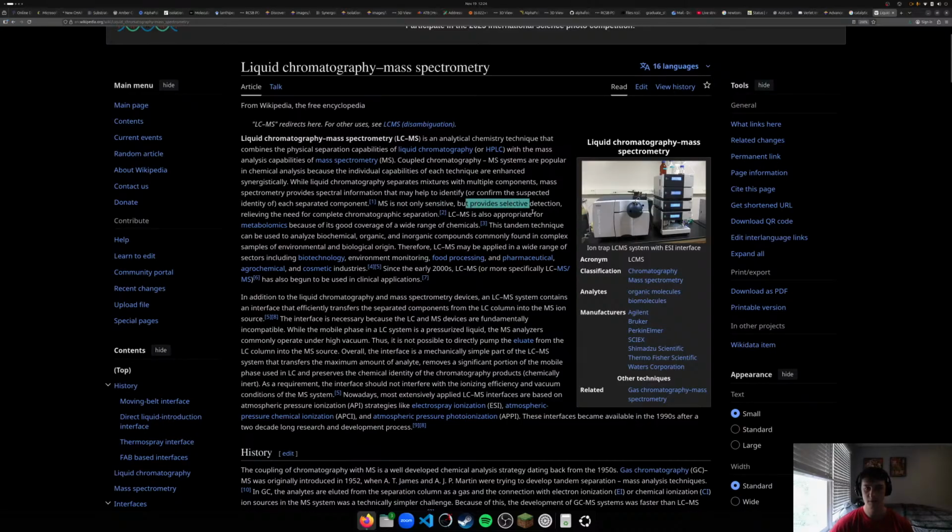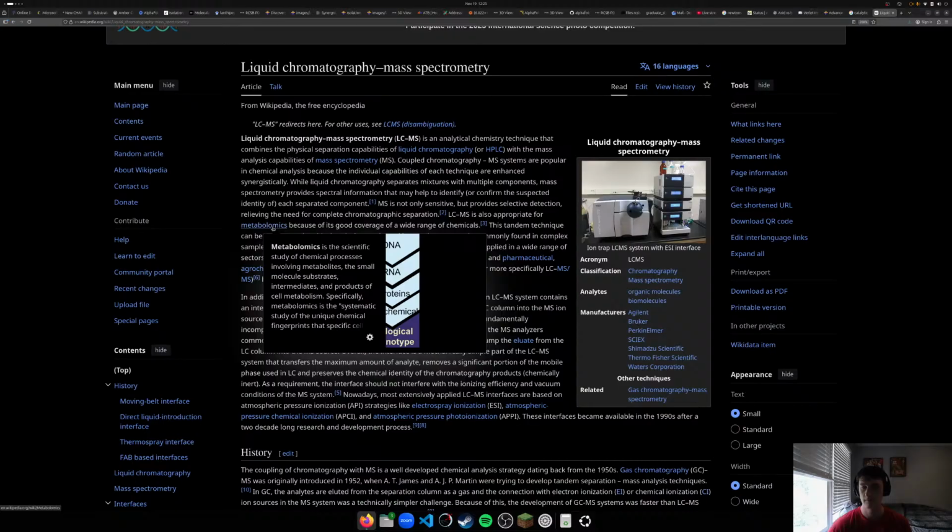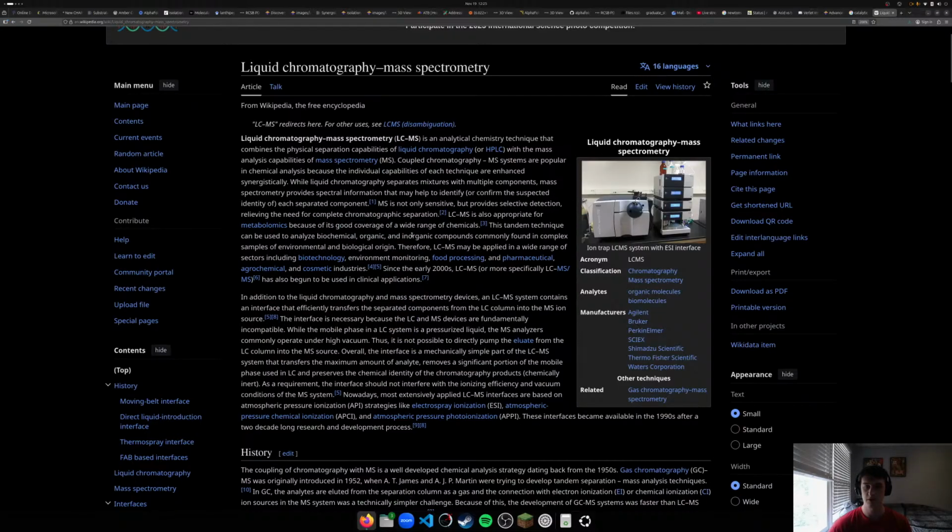MS is not only sensitive but provides selective detection, relieving the need for complete chromatographic separation. LC-MS is appropriate for metabolomics because of good coverage and wide range of chemicals.